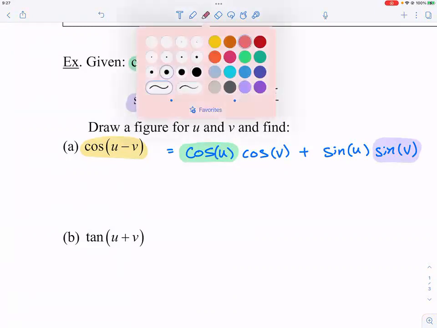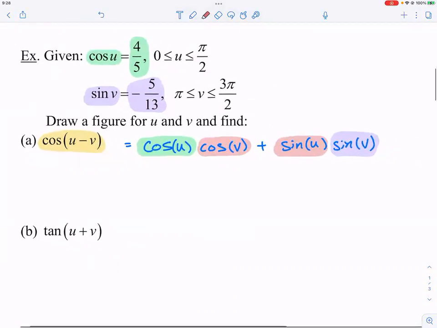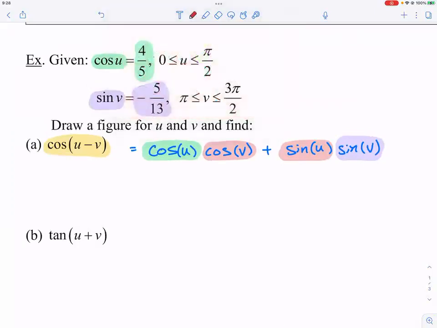Now the question is, what about cosine v and sine u? They give you some good information, such as this angle u is in quadrant 1. And they give you the cosine ratio, 4/5.